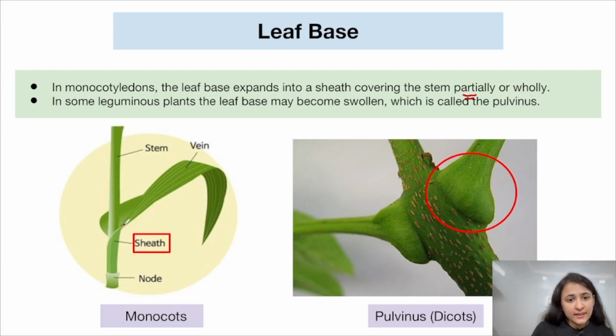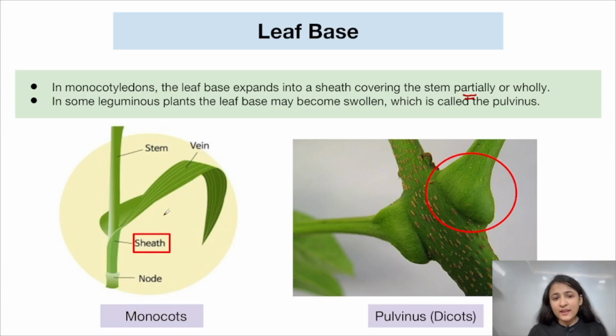So see, this is the leaf base of the monocot leaf. See, petiole is not present in this monocot leaf. So this leaf base has already expanded. It has covered the stem of the monocots. Okay, see how it has covered the stem of the monocot by expanding and forming this sheath-like structure.